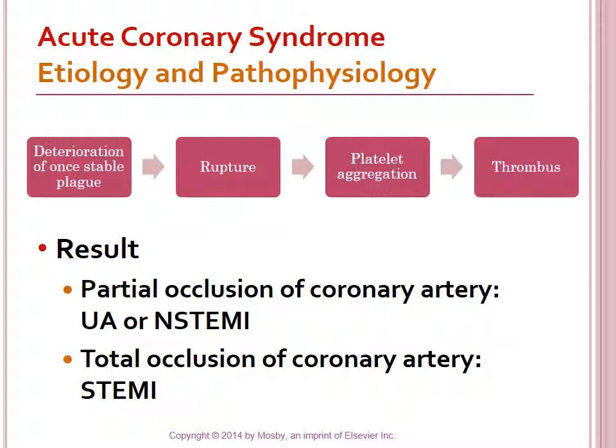This unstable lesion may be partially occluded by a thrombus, manifesting as UA or a non-STEMI, or totally occluded by a thrombus, which then manifests as an actual STEMI. What causes a coronary plaque to suddenly become unstable is not well understood, but systemic inflammation is thought to play a role. Patients with suspected ACS require immediate hospitalization.